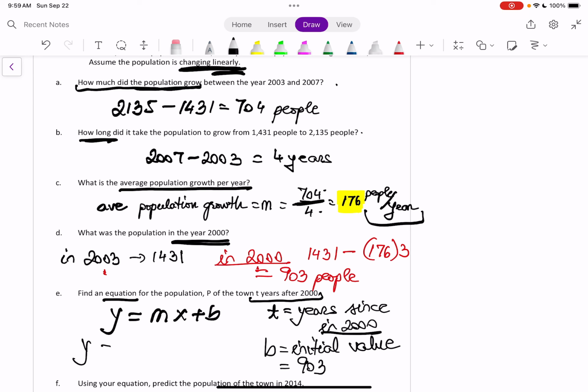So we did find the slope up above, and that's 176 people per year, starting with an initial value of 903 by the year 2000.